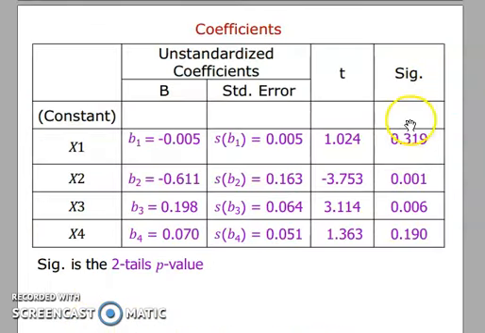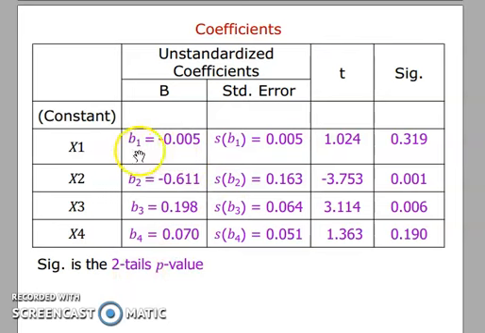The p-value here under the column significance is for the two-tailed test. So from the estimation output, this one is referring to the hypothesis H0: beta i equals 0, H1: beta i not equal to 0, which is a two-tailed test.